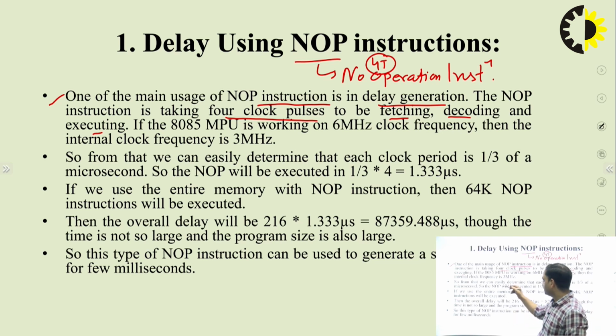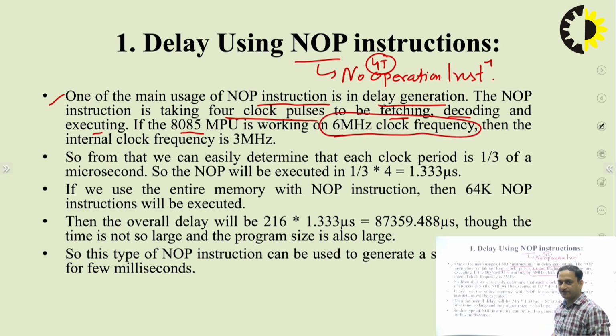Just for example, if 8085 is working on a 6 megahertz clock frequency, this is the input clock frequency of the 8085. When we connect the oscillator of 6 megahertz, the internal clock frequency on which the 8085 will work is 6 by 2, that is equal to 3 megahertz.